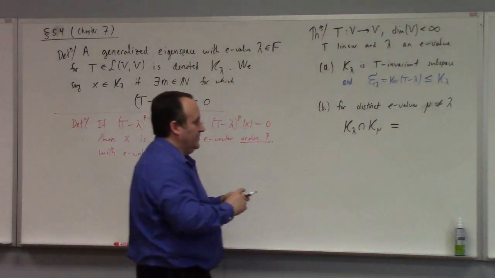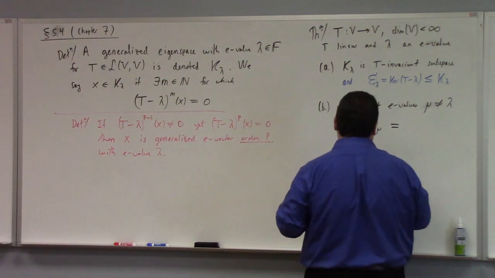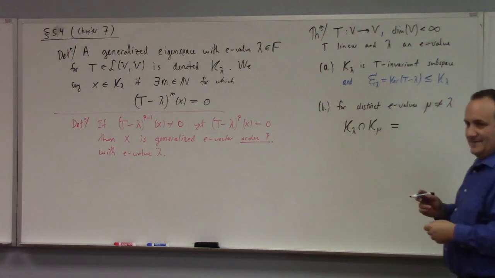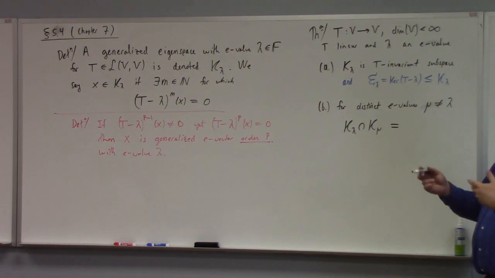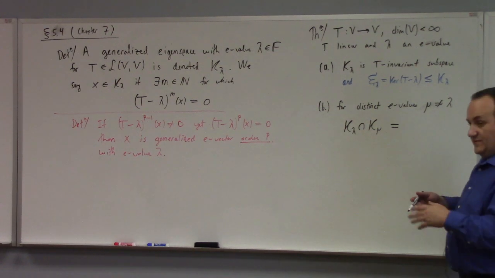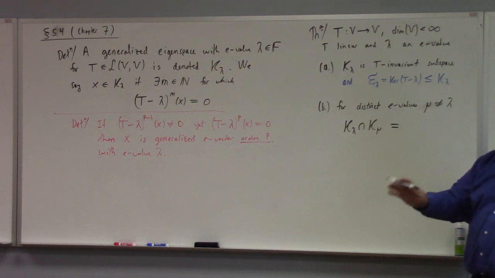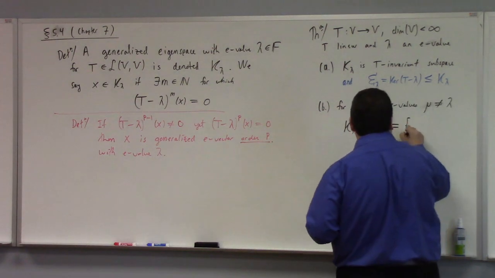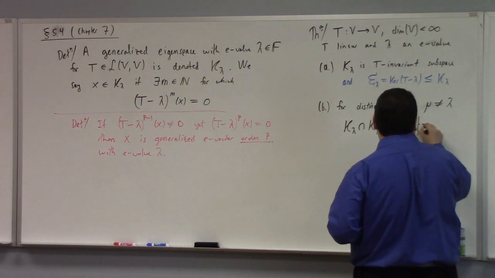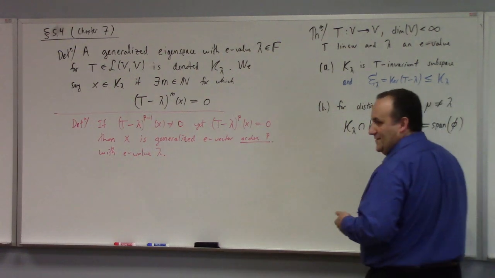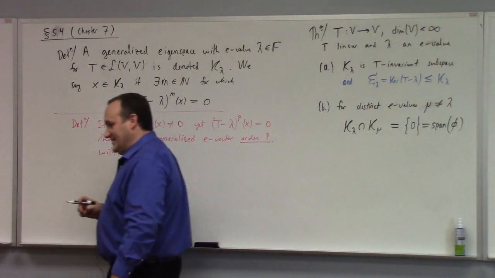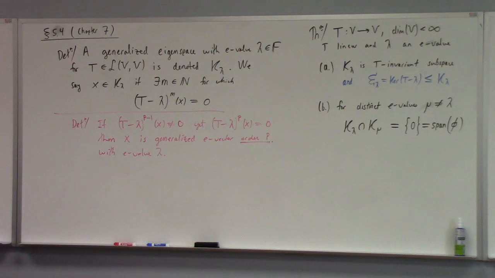Empty set. Right spirit, wrong set. Yeah, the zero set, right? Because it's the intersection of two subspaces, so 0 has to be in there. But in fact, it's all that's there. Right? So now if you wanted to be like span, I can meet you there. So span of the empty set. There you go.